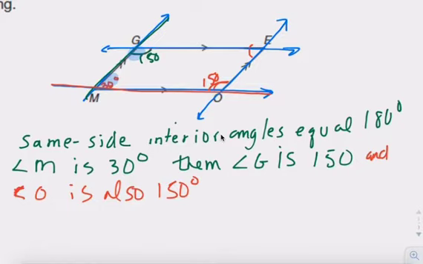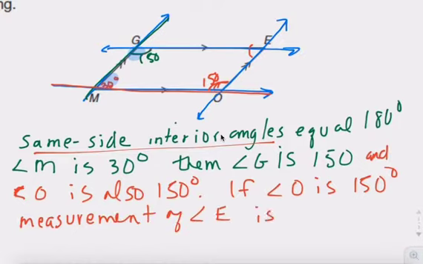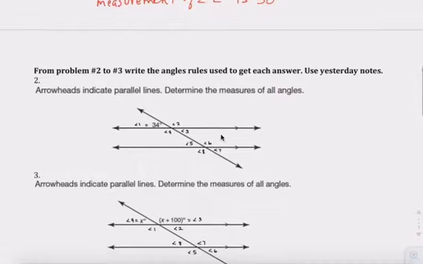And therefore, if angle O is 150 degrees, then same side interior angle, still the same, the measurement of angle E is 30 degrees, makes 180. Okay? All right.